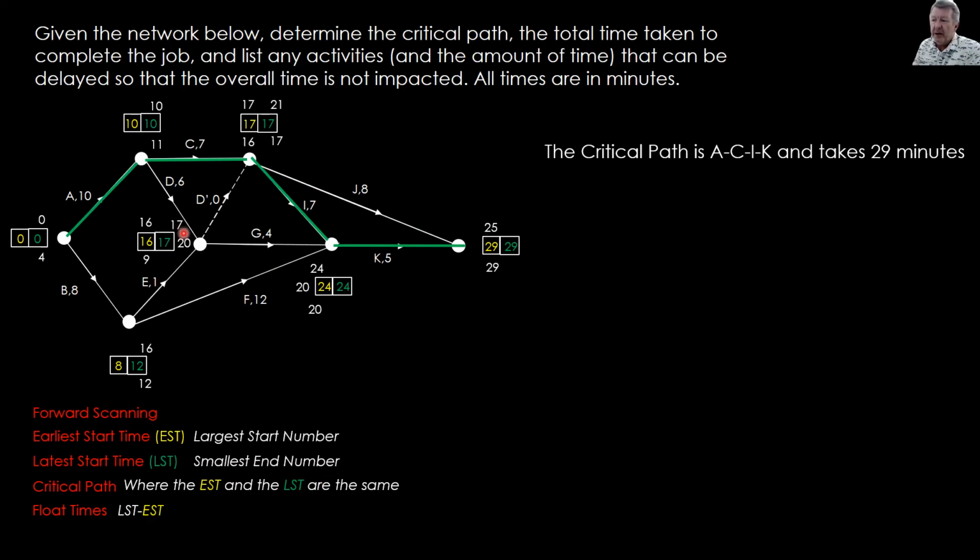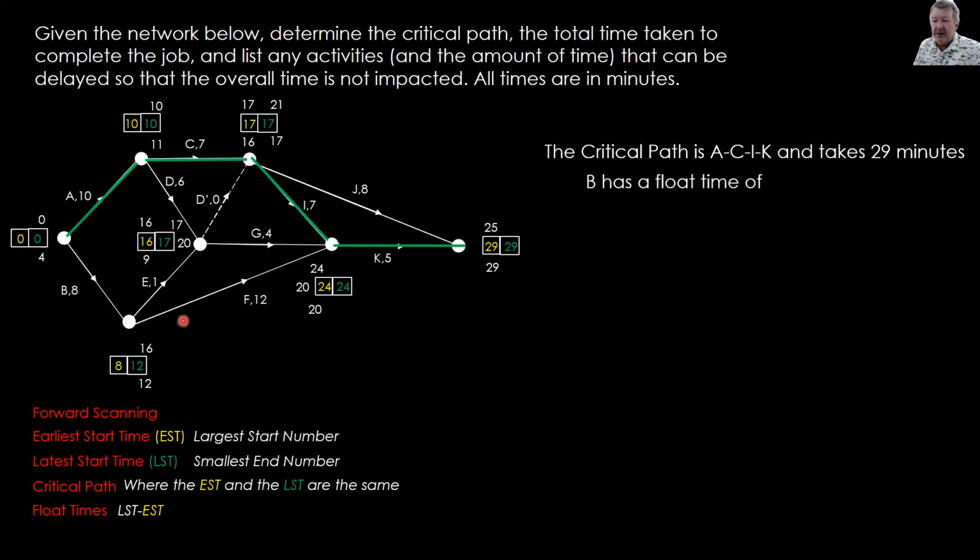So we just work our way around and pick up all the activities that aren't on the critical path. So there's B, there's D, there's E, there's F, there's G, there's J. Don't worry about D dash. That's just a connector. See, it's dashed. Makes sense, doesn't it?